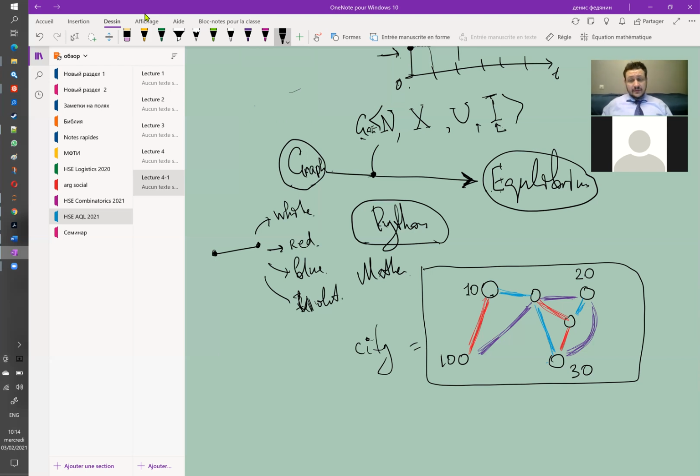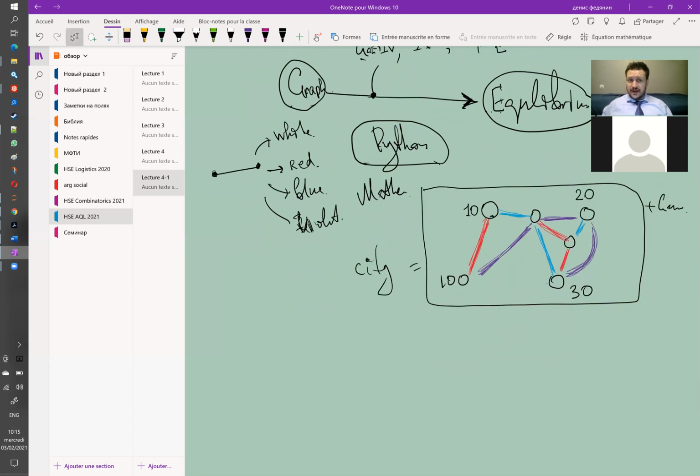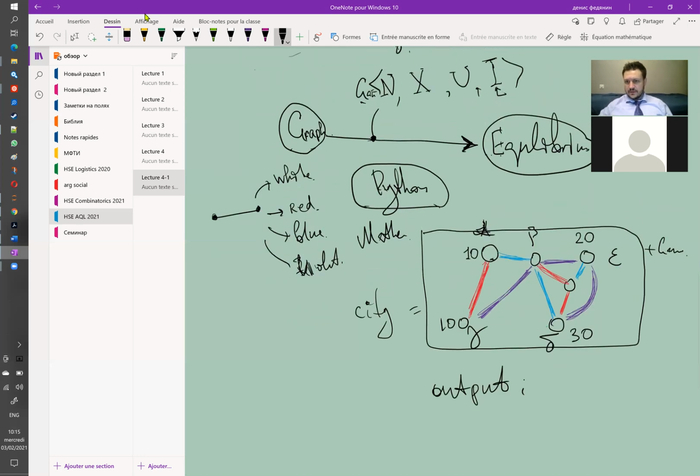It's a graph. It can be a directed graph, maybe not. And we have a game here. We have discussed this game, so it's a special plus game. And then we have to find an equilibrium for these players. For example, the output might be, let it be, alpha, beta, gamma, delta, epsilon.